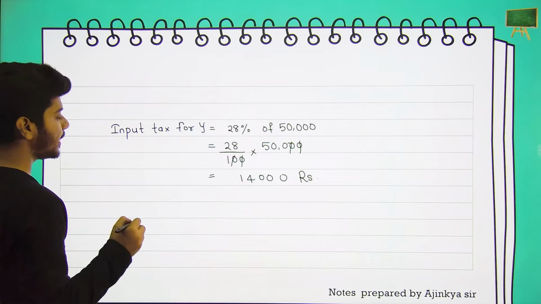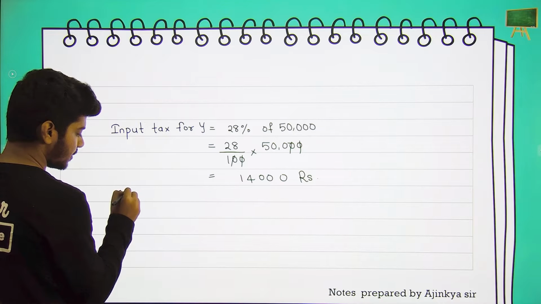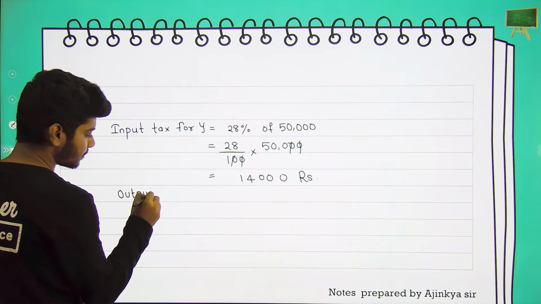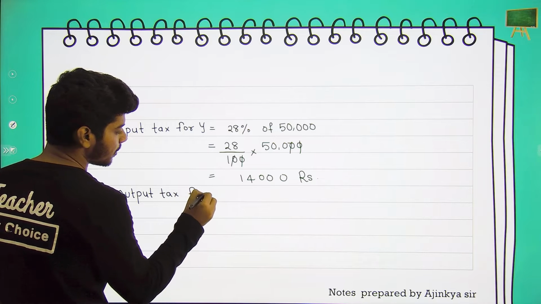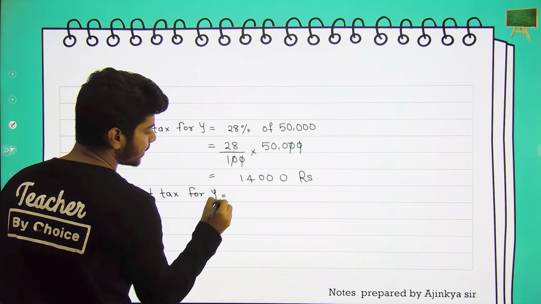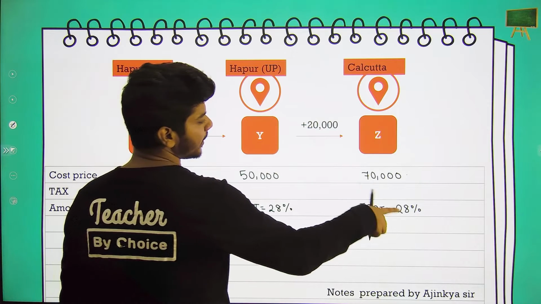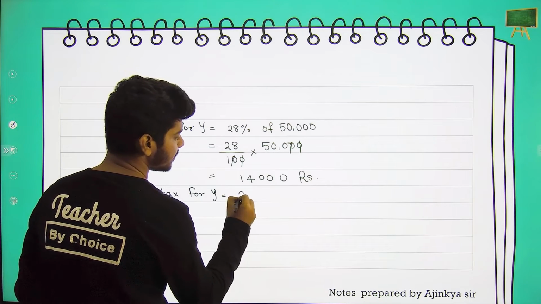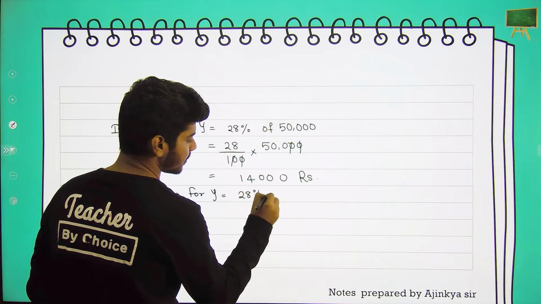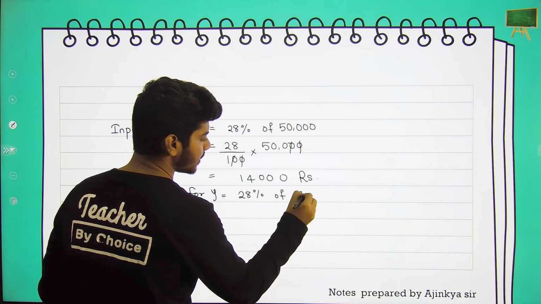Now let's calculate output tax. Output tax for Y will be equal to 28% of 70,000.